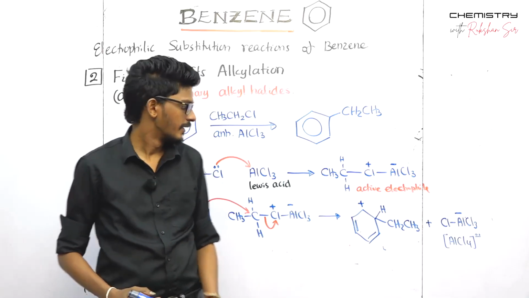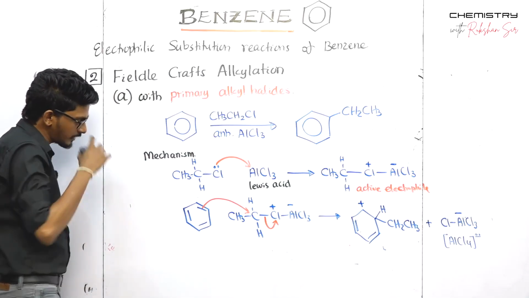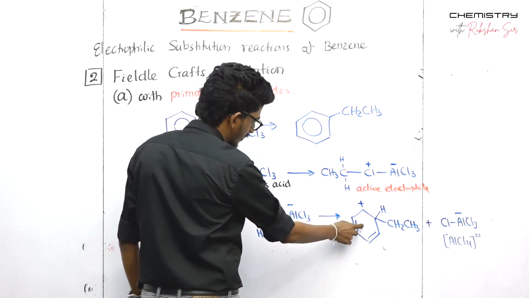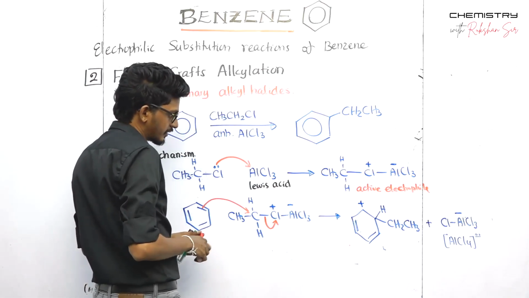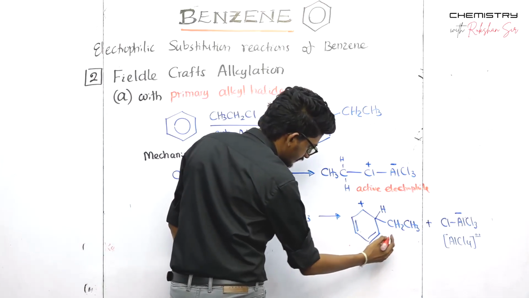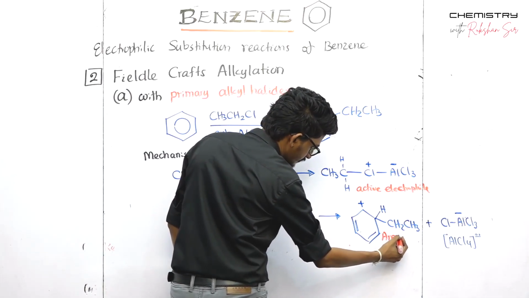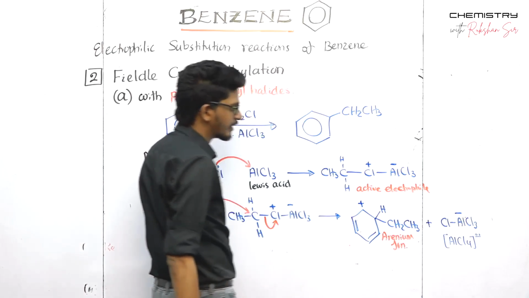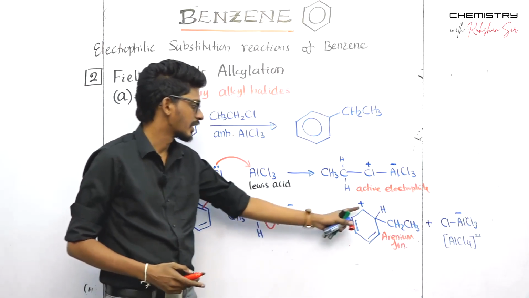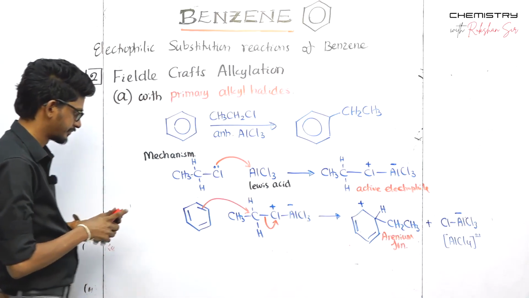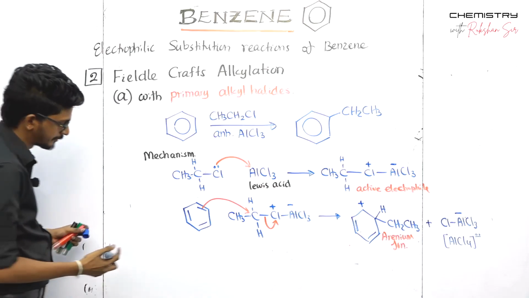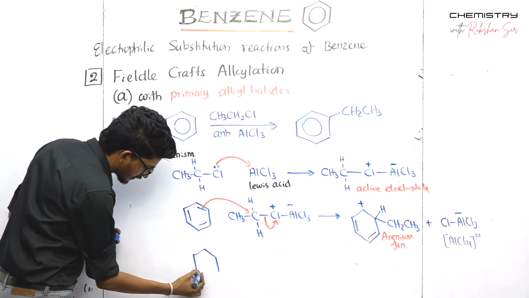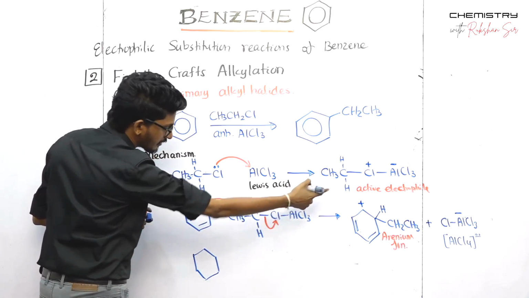Okay. The third step is the resonance stabilization of this carbocation. This is your carbocation. The resonance stabilization of that carbocation is the third step. Let's write that. So let's start with that carbocation, this one.